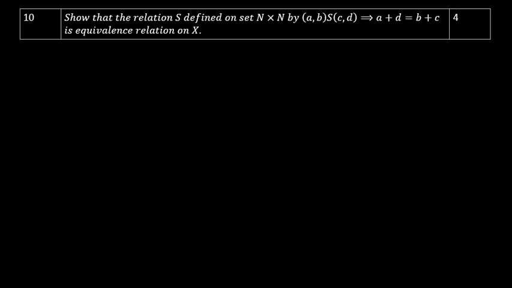Now let us see this last question. Show that relation S defined on set N by (A, B) related with (C, D), where A plus D is equal to B plus C, is an equivalence relation. So we have to check whether this is an equivalence relation. Now this problem is exactly the same as the previous problem, where we had to find one extra thing, that is the equivalence class for (2, 5).